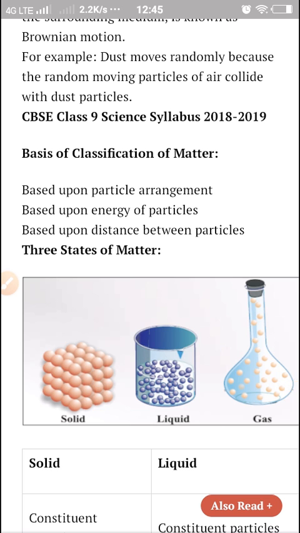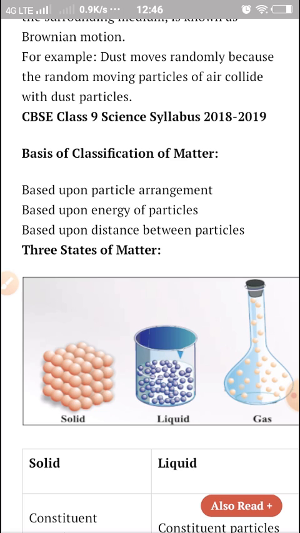In liquids, the particles are somewhat loosely packed, so they can move freely. That's why water flows, because the particles are not tightly packed.